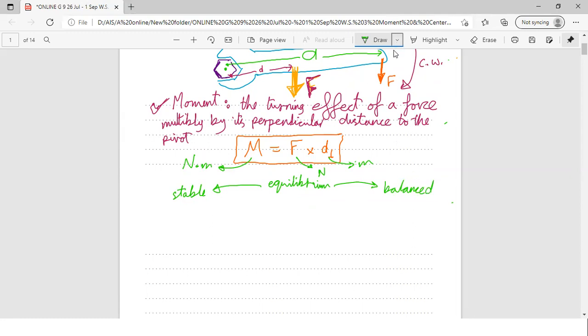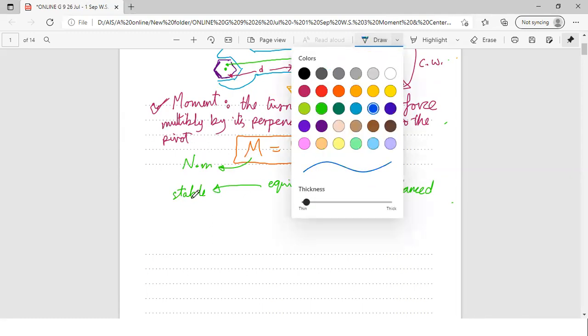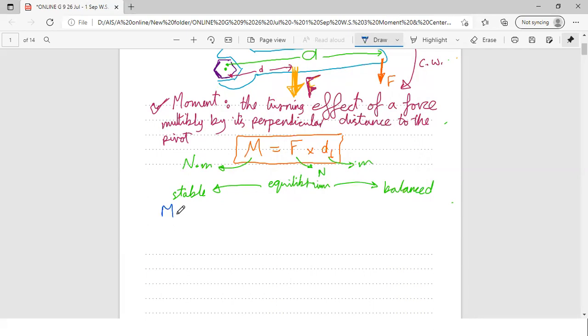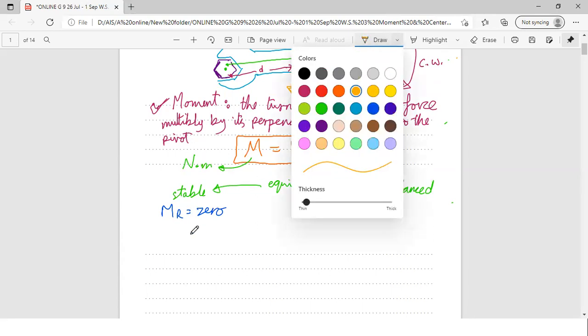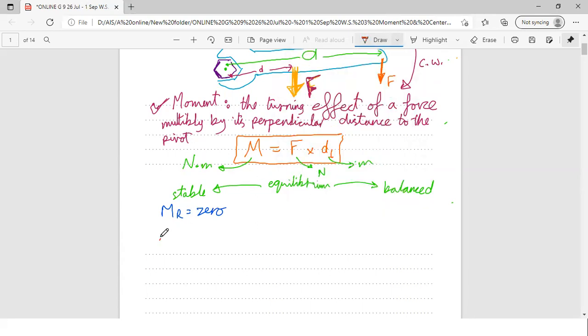And we say that stable means resultant moment equals 0. So that means the total moment clockwise equals the total moment anti-clockwise. Here balance means the resultant force is 0.